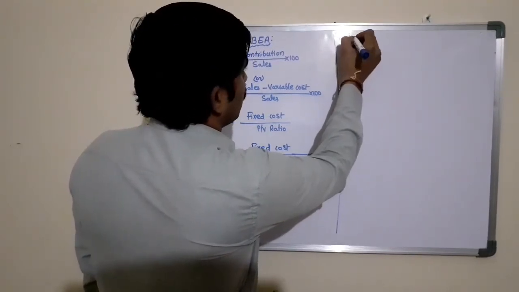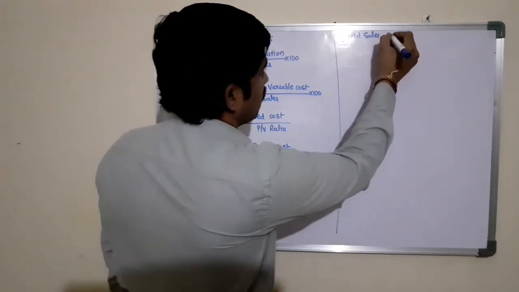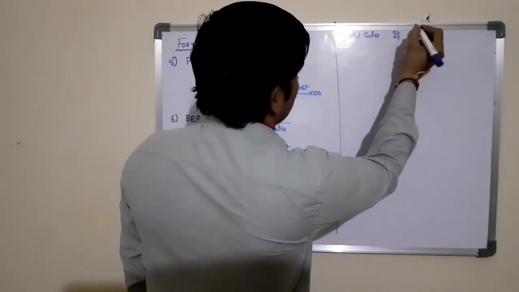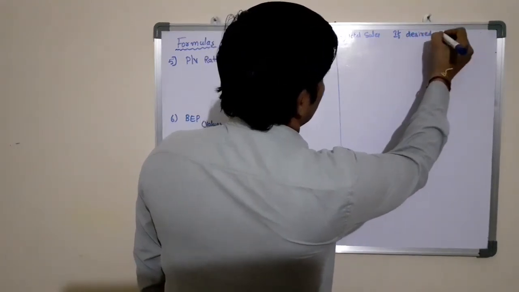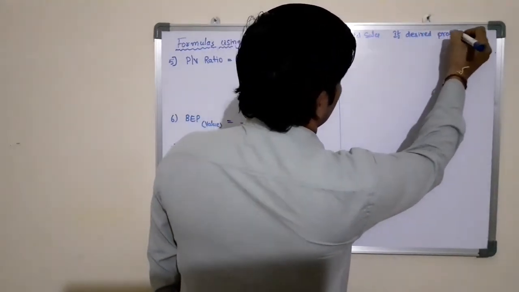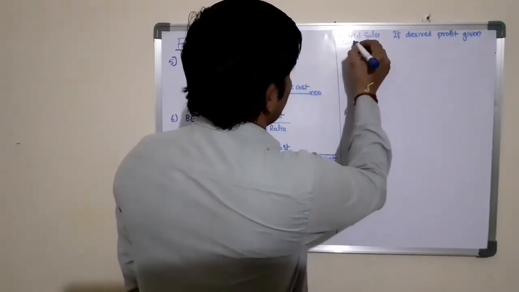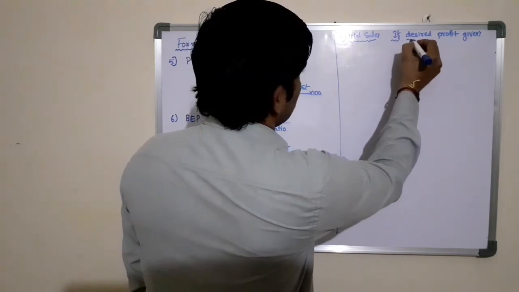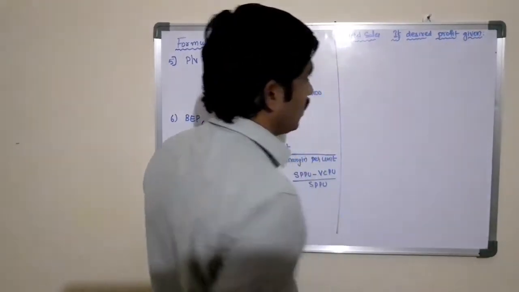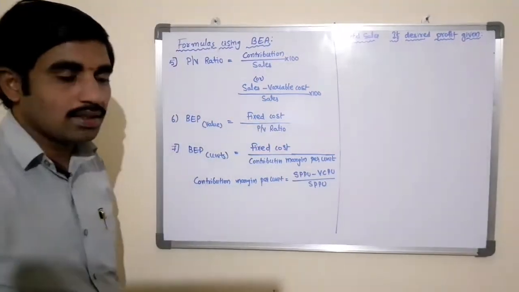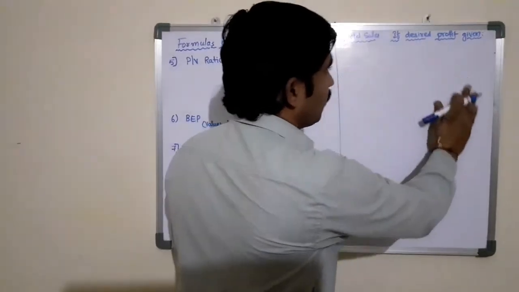Eighth one, total sales if desired profit given. See, sometimes the producer may be interested to know the total sales to be conducted, or the total revenue to generate in order to achieve the desired profit.